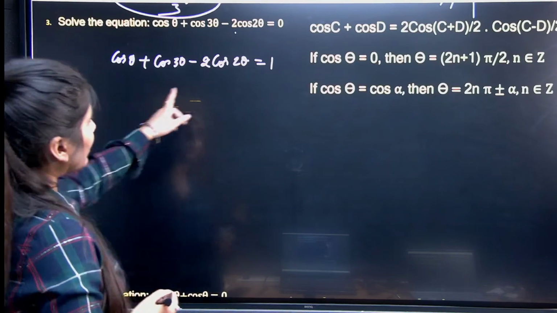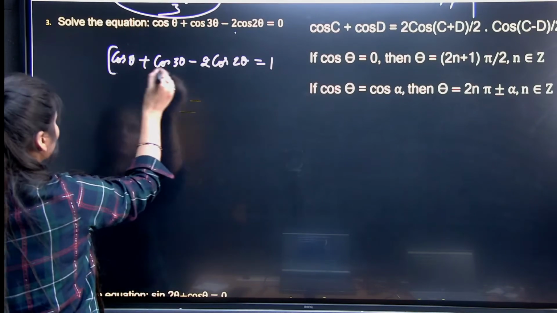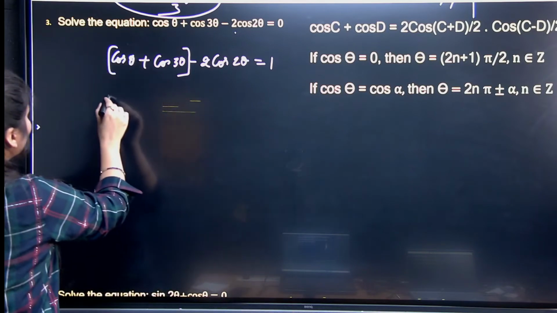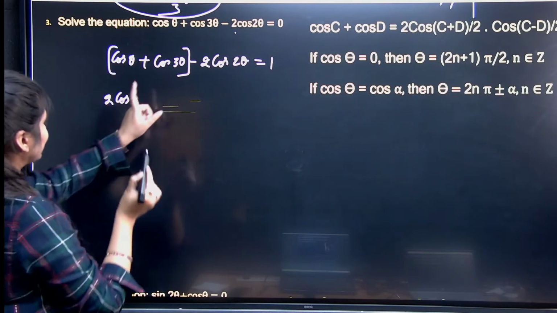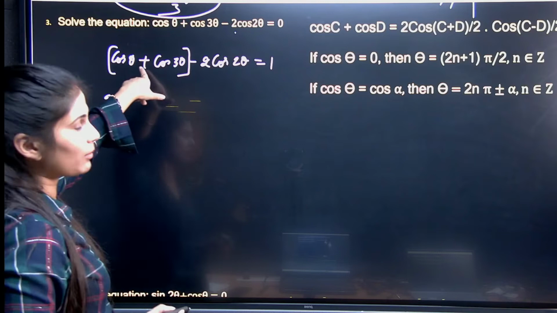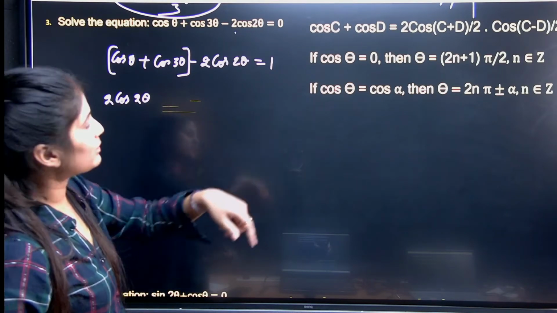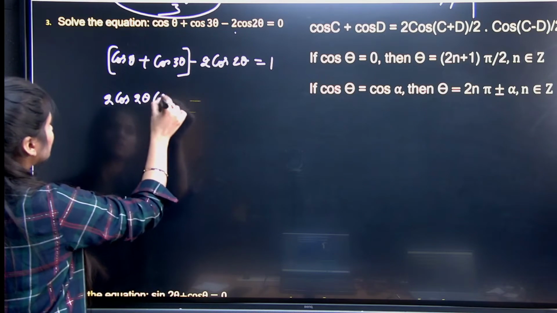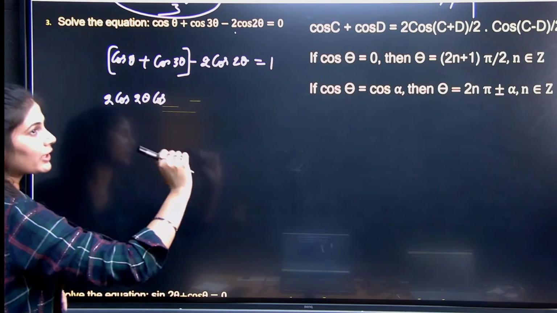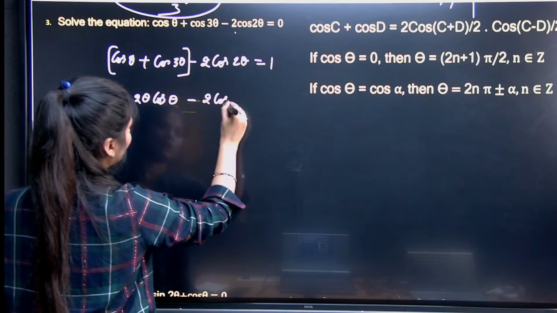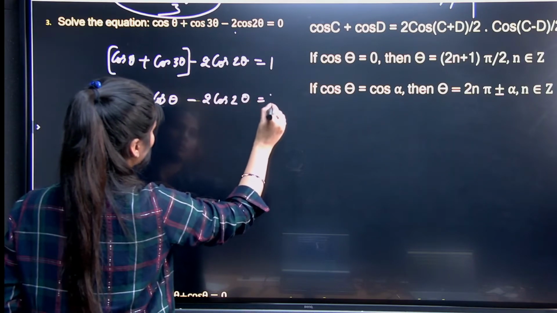According to the formula, we can write 2 cos (C plus D) by 2, 3 plus 1, 4 theta by 2, it is 2 theta. And then cos (C minus D) by 2, 3 minus 1 is 2, 2 theta by 2 is actually theta. Minus 2 cos 2 theta is equal to 0.